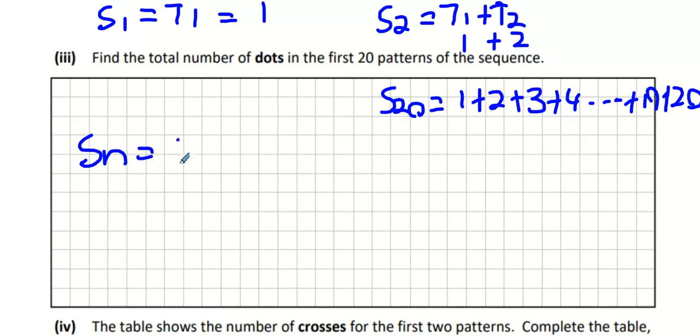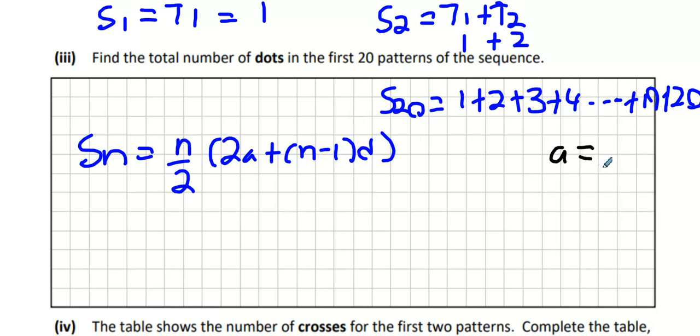The Sn formula, exactly: n over 2 into 2a plus n minus 1 times d. What's your a value? 1. Your d value is 1. What's your n value for this question? 20. Just replace all the letters with the numbers we have.